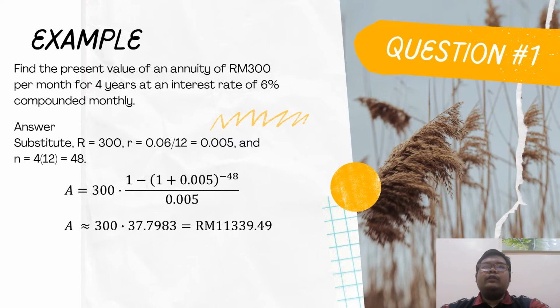For example, question 1: find the present value of an annuity of 300 ringgit per month for 4 years at an interest rate of 6% compounded monthly.